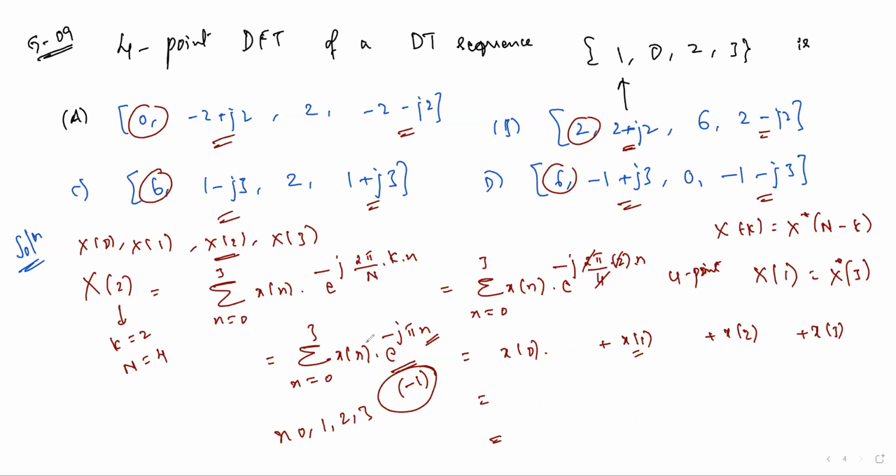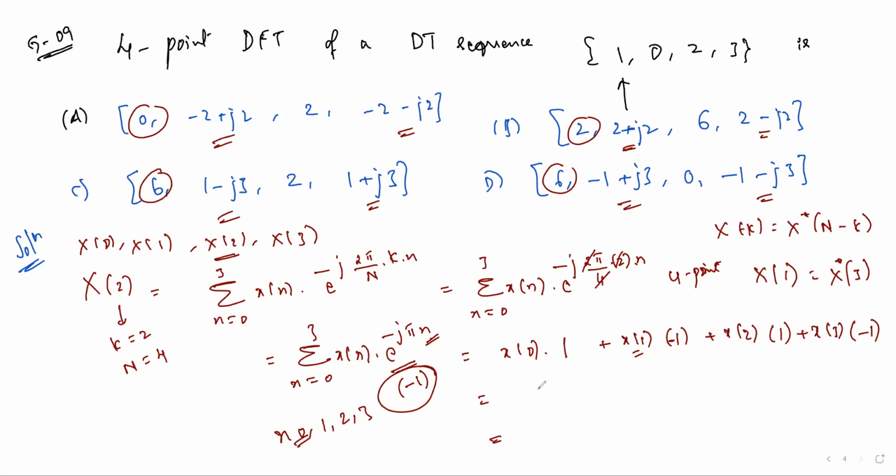Here n value 0 means e power 0, which is 1. N value 1 means e power minus j 2 pi, so cos 2 pi will be plus 1. N value 2 means cos 4 pi minus j sin 4 pi, which is plus 1. Next, n value 3: cos 3 pi is minus 1. Cos of odd pi is minus 1, cos of even pi is plus 1.